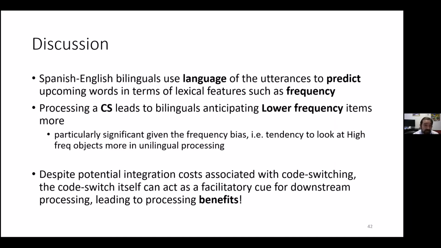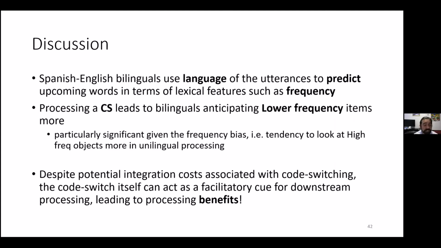So with that illustration, we're showing that the bilingual listeners are attuned to this sociopragmatic function of code switching. So what they're hearing is actually going to be interpreted to guide them as to what's coming up in the speech. So processing a code switch led to bilinguals anticipating a lower frequency item.